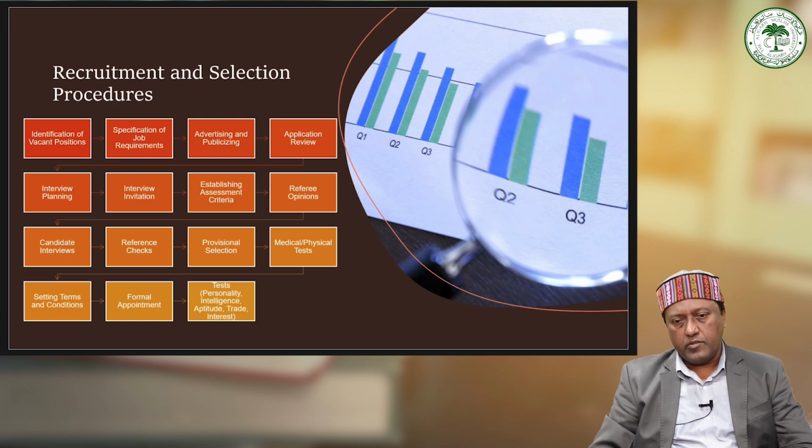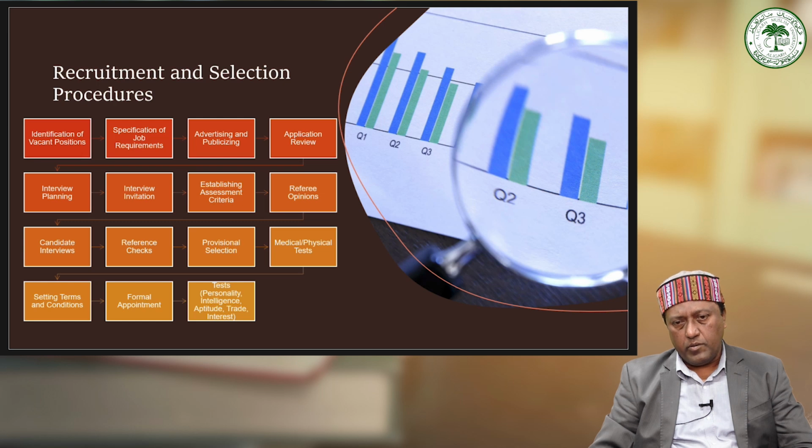And after this, setting the terms and conditions. Here, the organization determines the candidate's salary, benefits, start date, and other terms and conditions of the employment, finalizing their details to formalize the job offer.